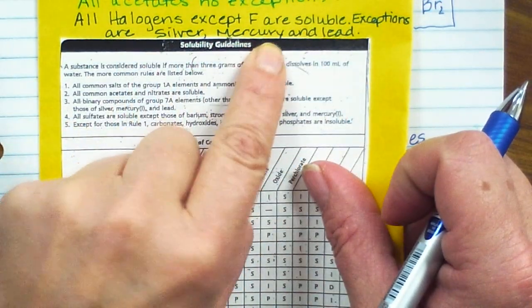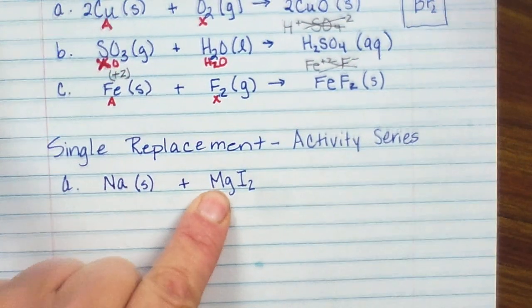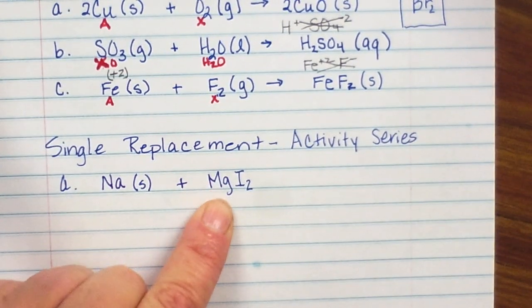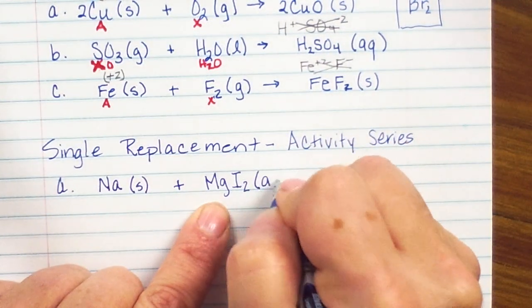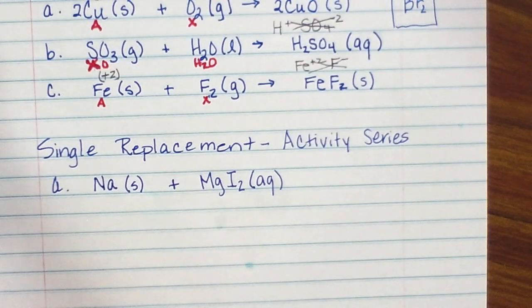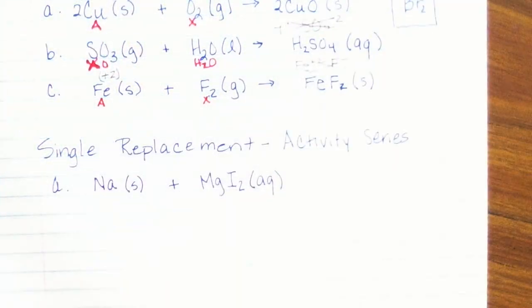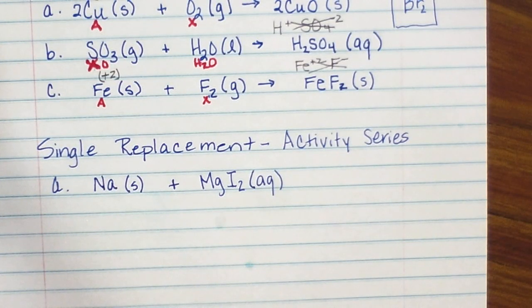Exceptions are silver, mercury, and lead. Not silver, mercury, and lead. Nope. So this is going to be aqueous, because iodide is a halogen and not silver, mercury, or lead is attached to it. So I don't even have to look it up, right? Okay, next.